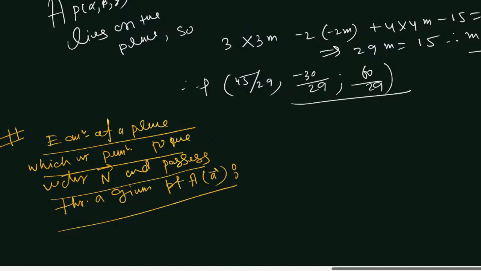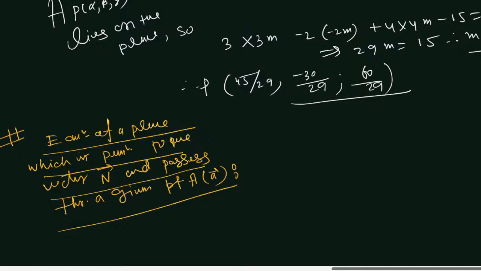The equation of the plane. Do you find any similarity with a straight line? Passing through this point and the slope of the line is this, then the equation is y equal to mx plus c. You can remember it this way, but the same things are not there, definitely.